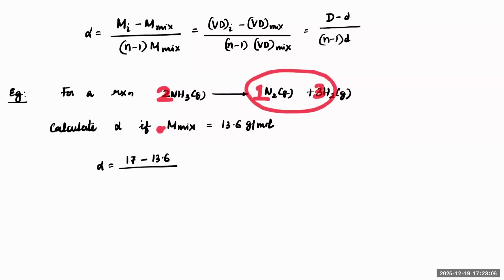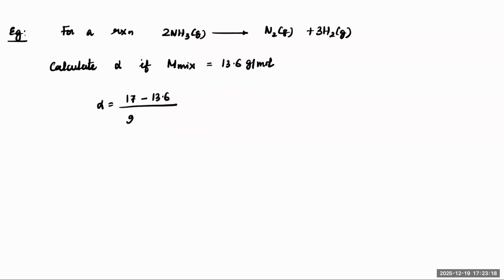But if I take 1 mole, how many moles should I get in the product? 2 moles. That n value is how many products you are getting, correct? So therefore, 2 minus 1 into 13.6. Is that making sense? Clear? Yes, sir.